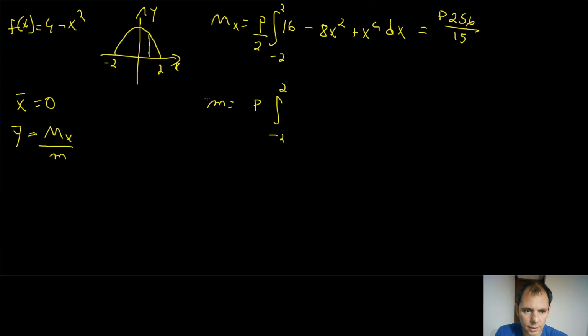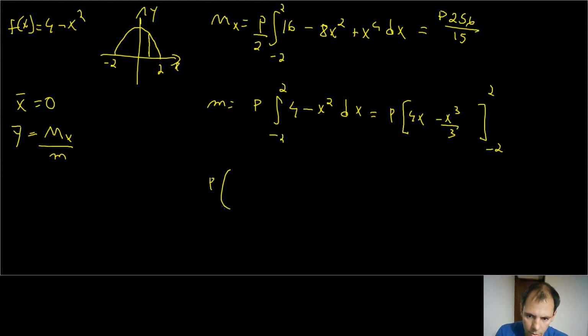And f of x dx is this, right? 4 minus x squared dx. So let's do that. This is going to be equal to p times, from minus 2 to 2, 4x minus x cubed divided by 3.